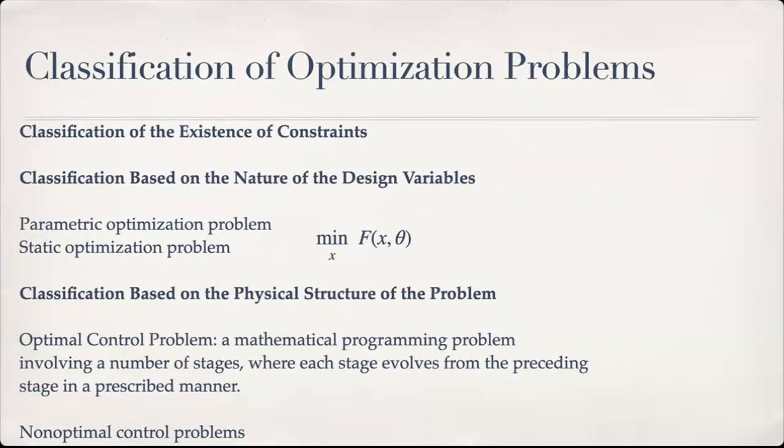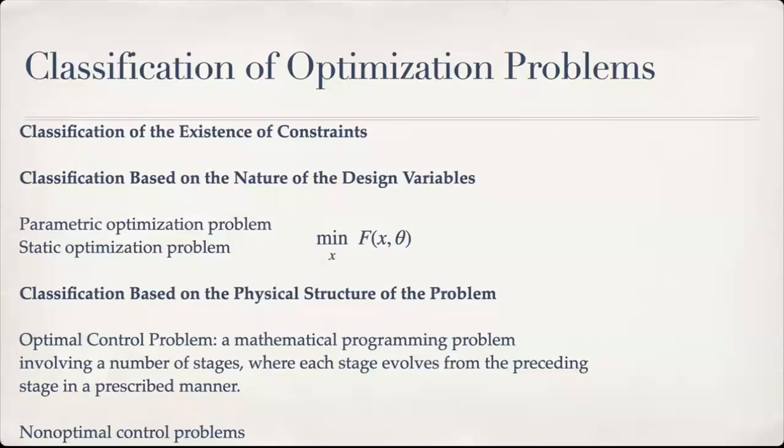Okay, so we will deal with the classification of optimization problems. Why do we need the classification of optimization problems? Because you need to know the structure of the optimization problem. Later you will learn how to formulate such an optimization problem from a real world problem.